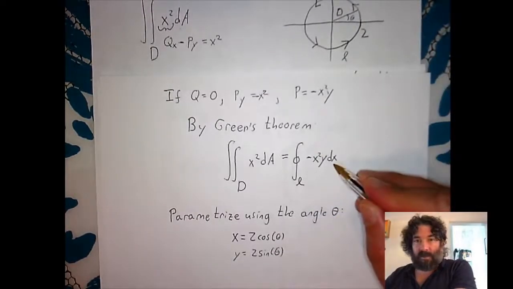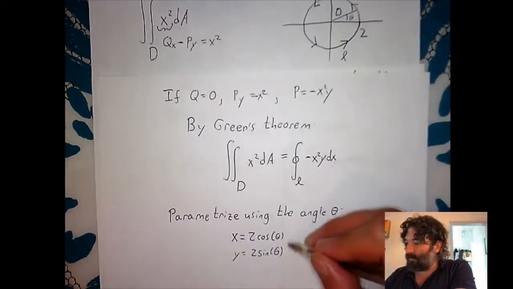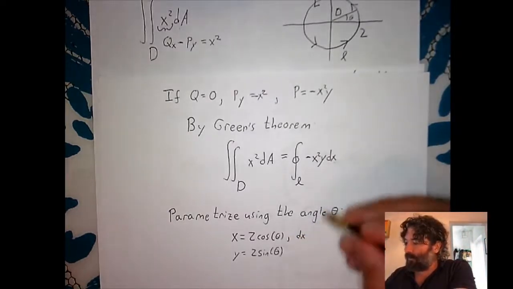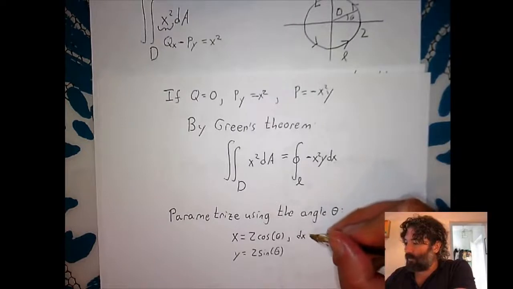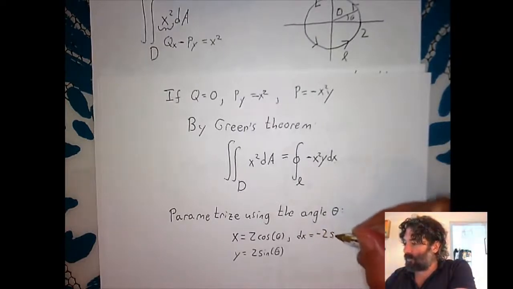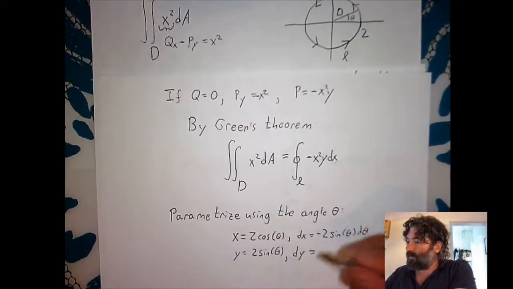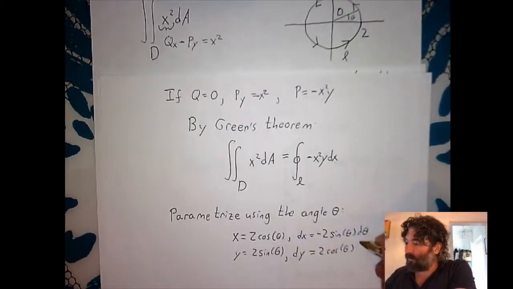And well, here in the line integral we want to calculate, we have dx. We can calculate dy as well, of course, but we don't need it. dx will be negative 2 sine theta d theta, and let's just calculate dy. dy would be 2 cosine theta d theta.